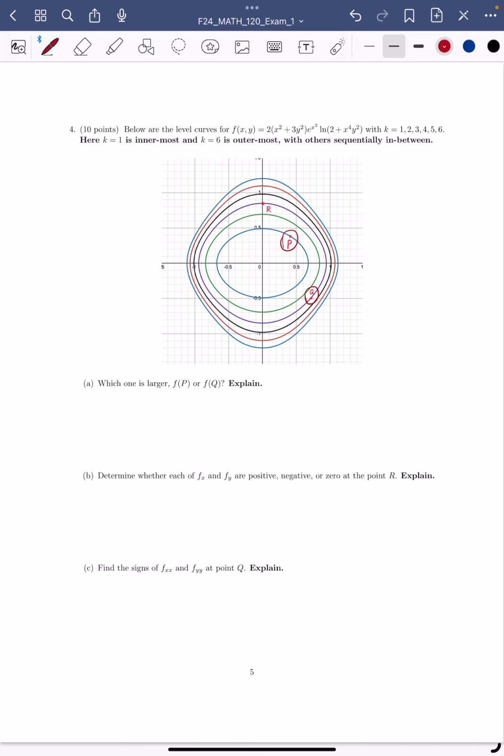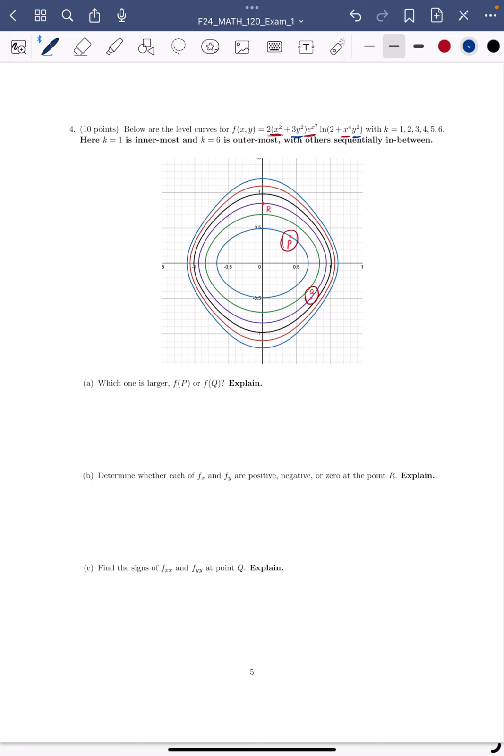And we can observe that as x increases, the value will increase, right? Here, this will increase, this also increases, and here it also increases. And the same thing is true for y. So as x increases and y increases, the value is larger. That's what we know.